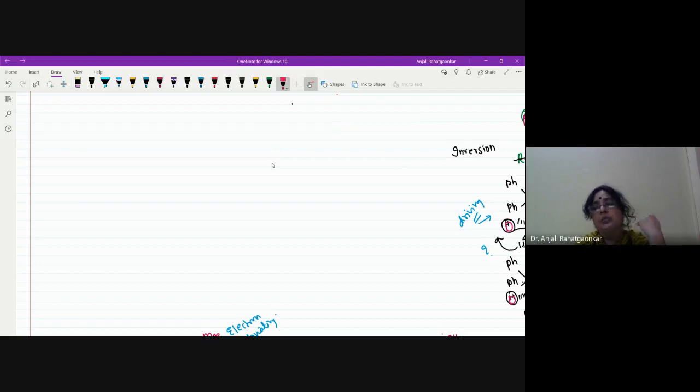And another most important thing is the nature of the mechanism will change as per the substituents on the alkenes. If the substituents are electron donating groups, the mechanism will change a little bit. If the substituents are electron withdrawing groups, again the mechanism will change.